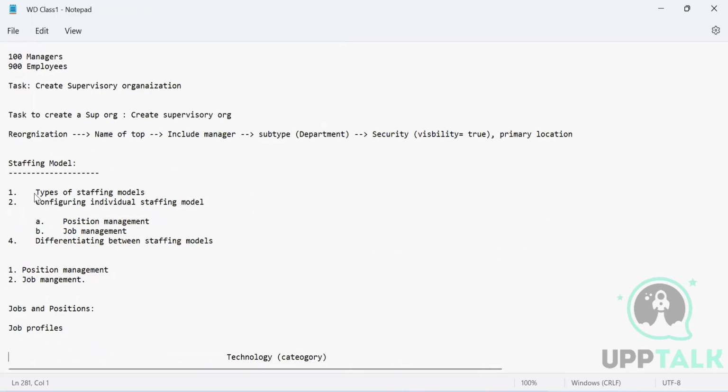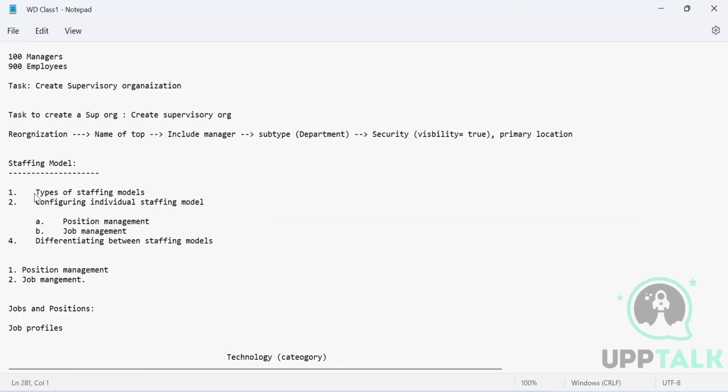Generally, job management is where you need bulk hiring. Position management is something where you need specific skill, people only specific to that role. It is not necessary that you follow job management always, but position is something which you will require every time.